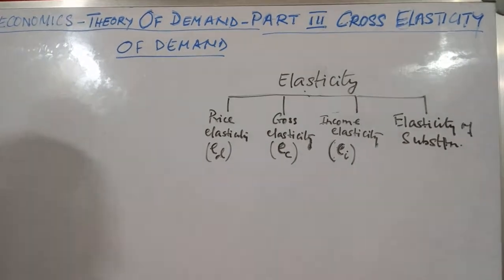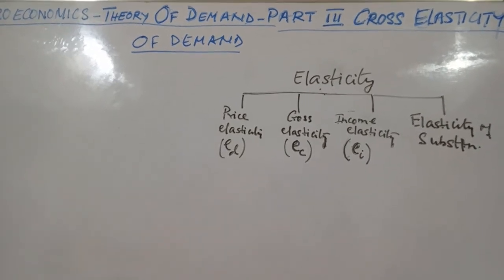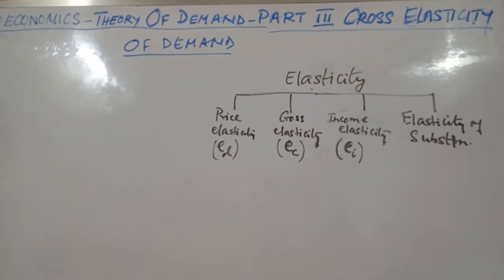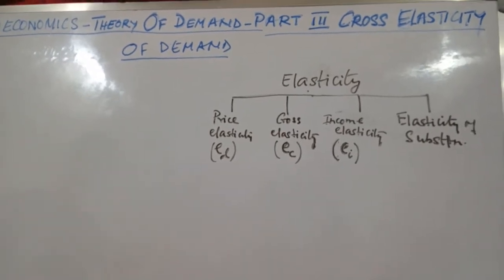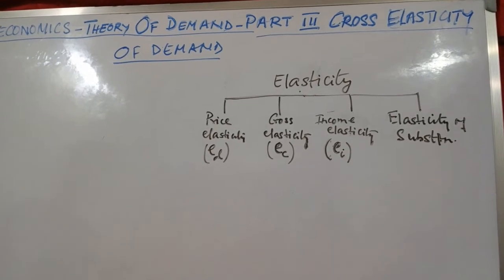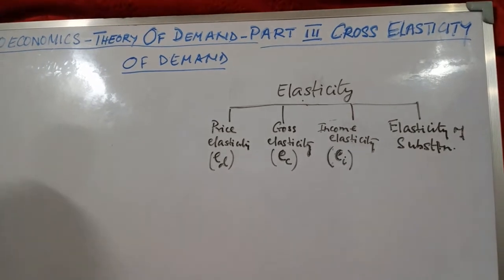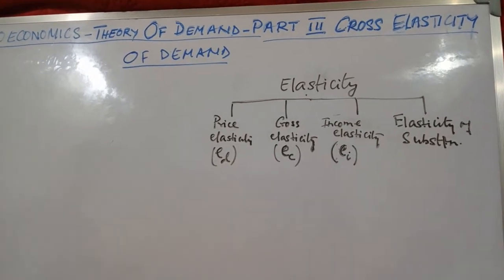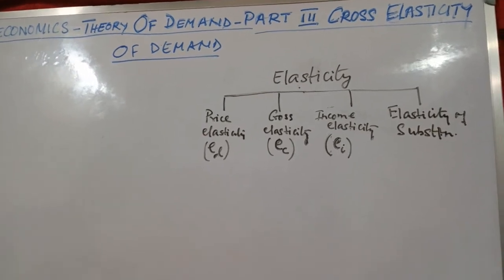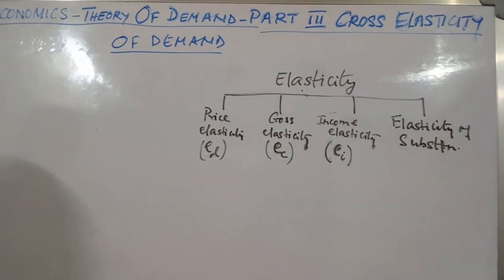That means, if X and Y are related commodities, that is either complementary or substitute, then how quantity demanded of commodity X is related to price of Y. That is, how the change in quantity demanded of commodity X is related to change in price of another commodity Y is called cross elasticity of demand.